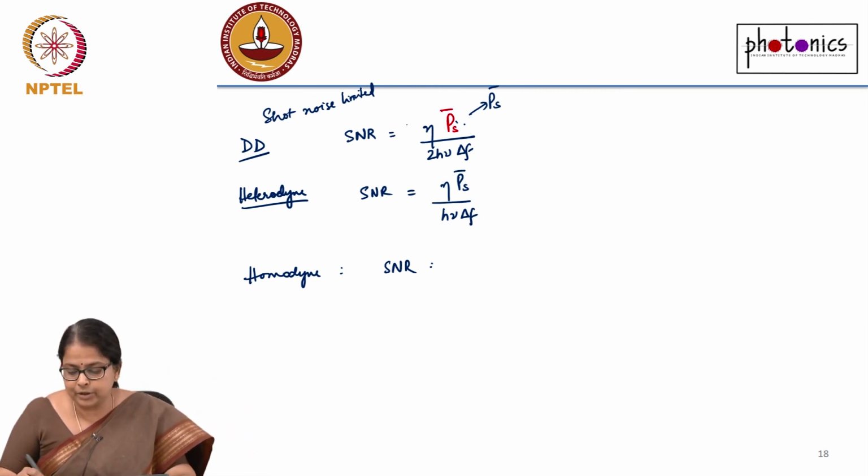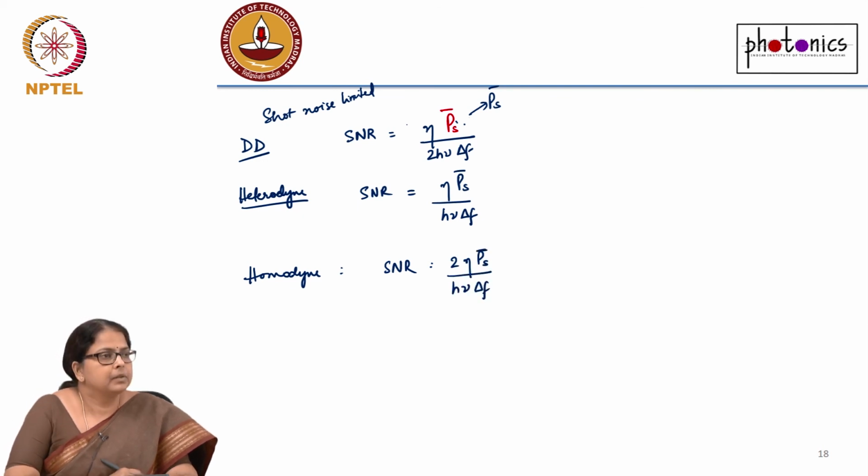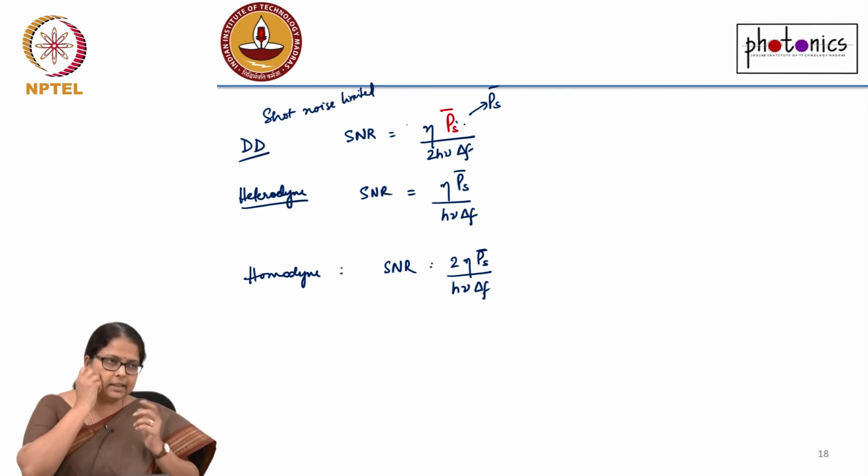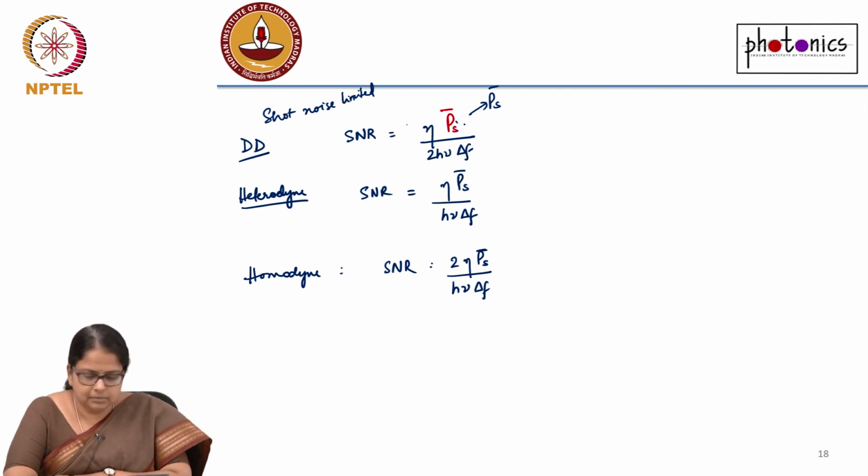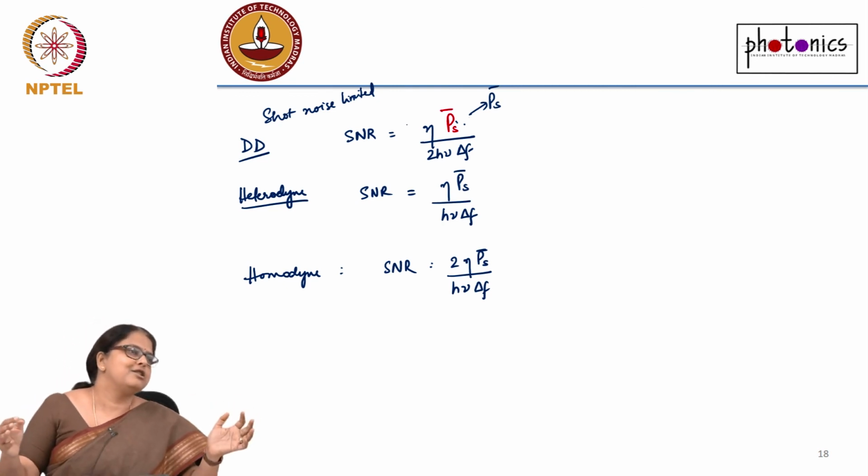So, what should I get? I should get 2 eta Ps divided by h nu delta f. So, clearly there is an SNR change. With respect to a direct detection receiver, if I do homodyne, I get 4 times improvement, a 6 dB benefit in SNR. 6 dB in SNR is a lot of SNR.